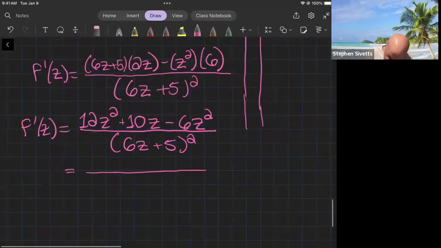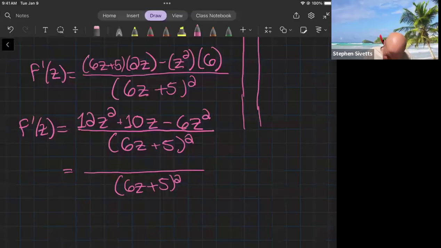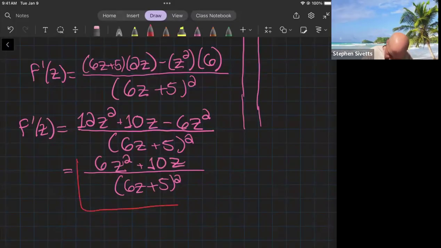And I'm going to leave the denominator like this. And the numerator is just 6z squared plus 10z, right? So this here is the derivative of that function.